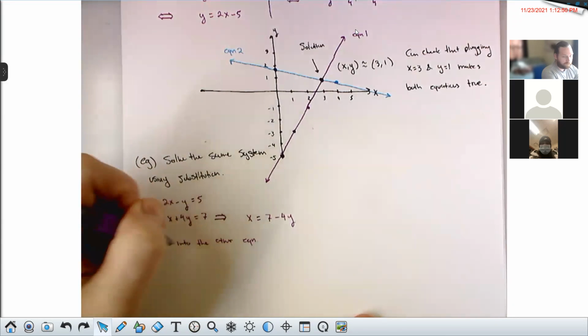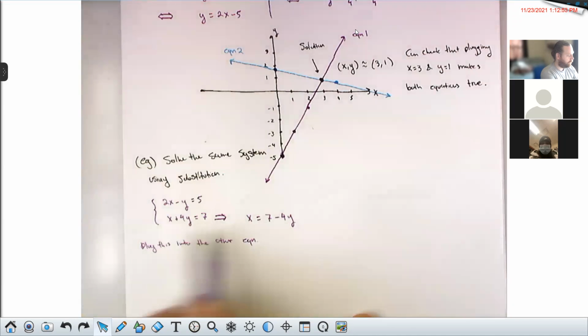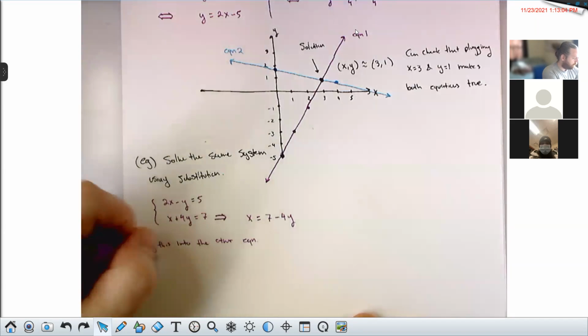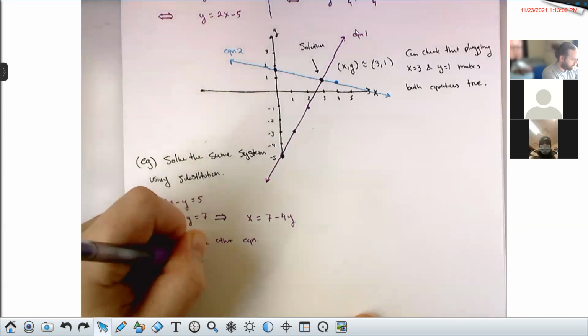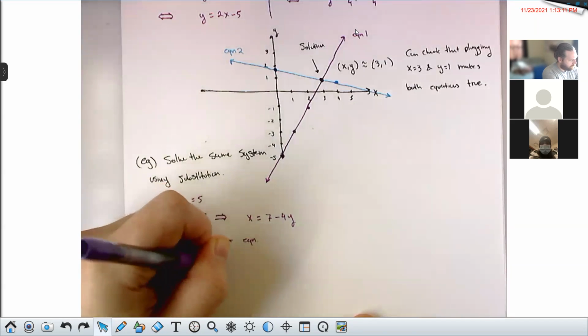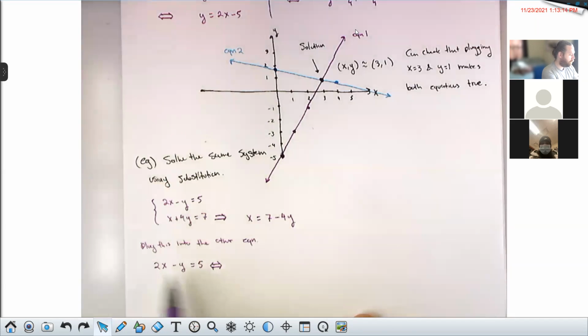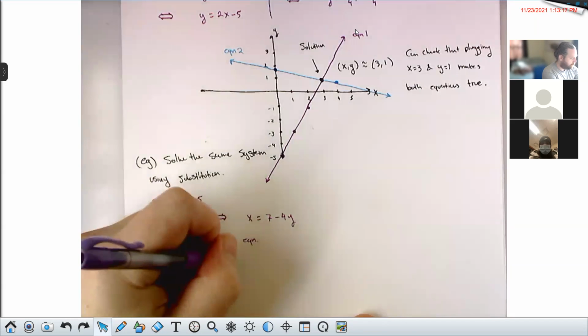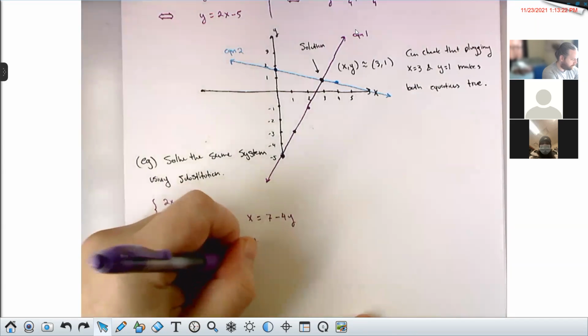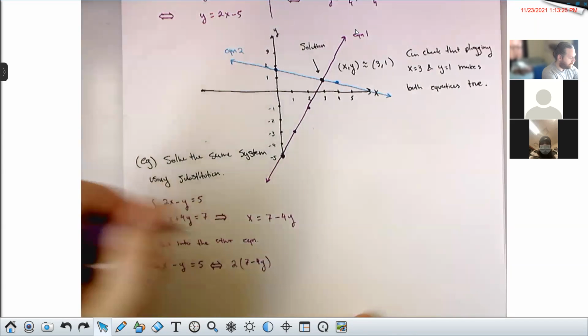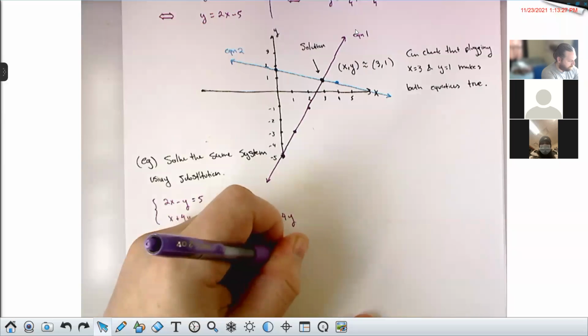And it is important that you plug it into the other equation, not the same equation you used to get this, because if you plug this back in here, you'll just get 0 equals 0, which is true, but not helpful. So if I plug into equation 1, 2x minus y equals 5, that will become 2 times, well, x is 7 minus 4y, minus y equals 5.